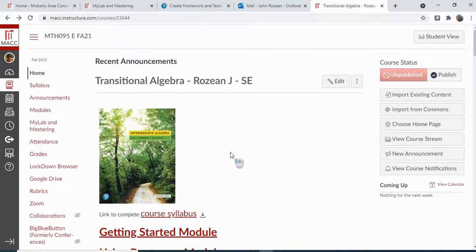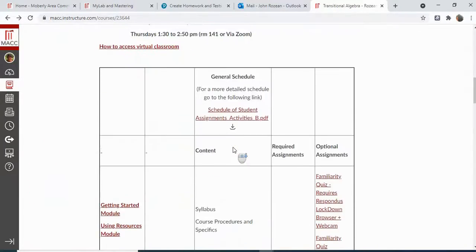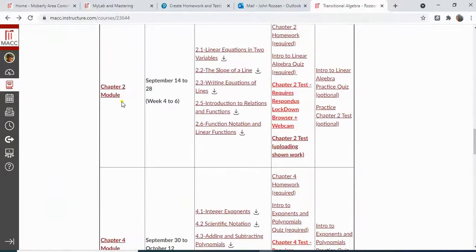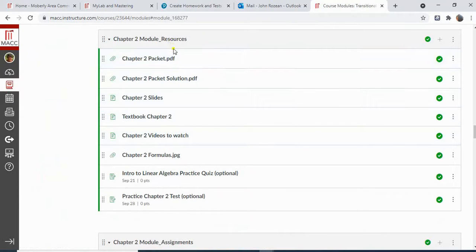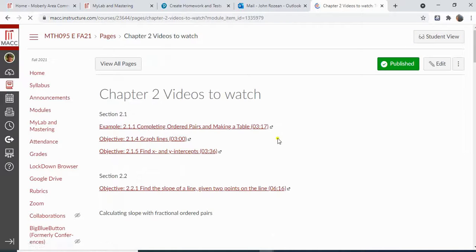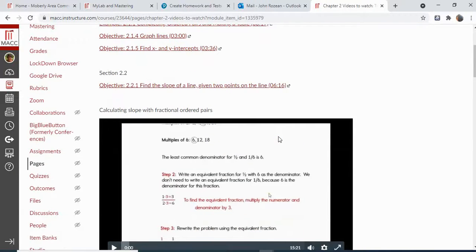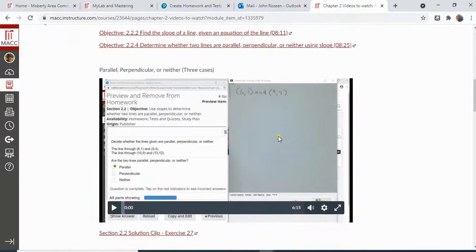All right, so let's go into the Canvas course and look at it here. We would scroll down and go to our Chapter 2 module, then look at our Chapter 2 module resources. We would go to Chapter 2 videos to watch. We can scroll down here, and as you can see, there's this particular video here, parallel, perpendicular, or neither, the three cases.